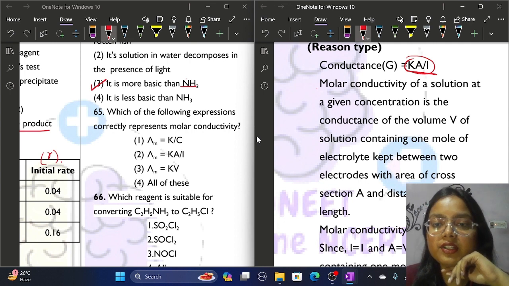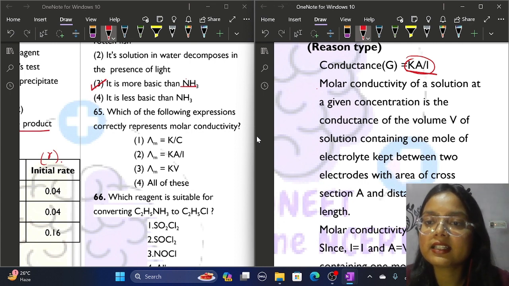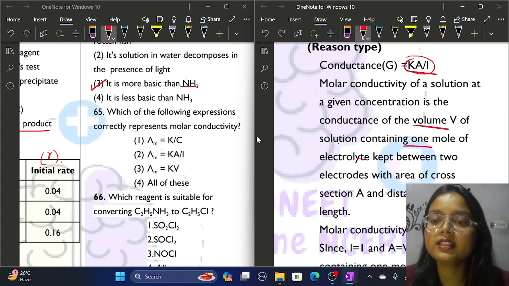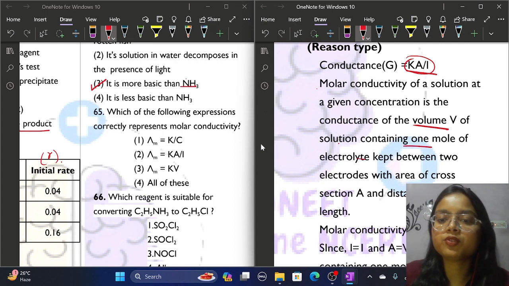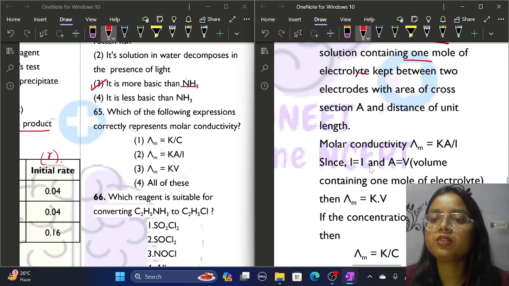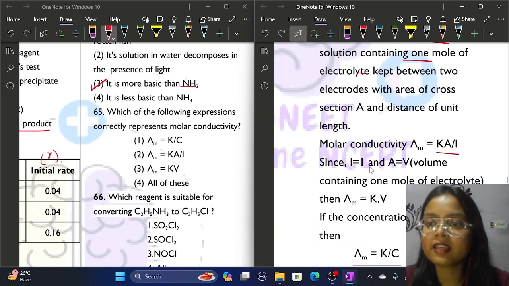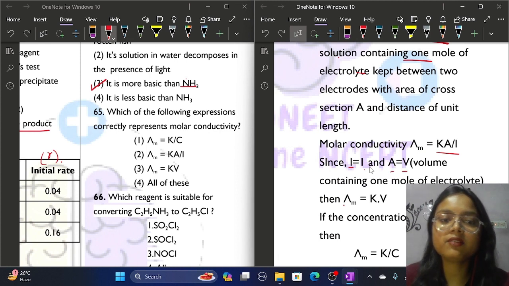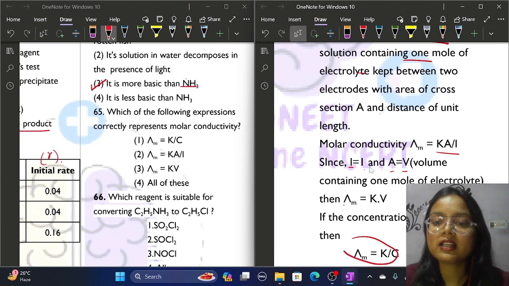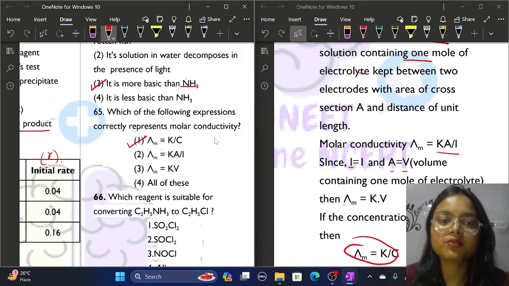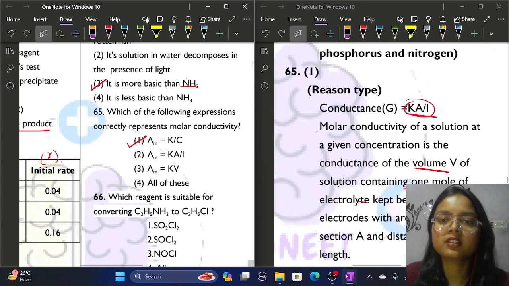The molar conductivity of a solution is the conductance of a volume V containing 1 mole of electrolyte. So molar conductivity is Ka by l, where l is equal to 1 and A is equal to V. Which formula will be correct? Molar conductivity Λm is equal to K by C. So here option 1 will be the correct one.